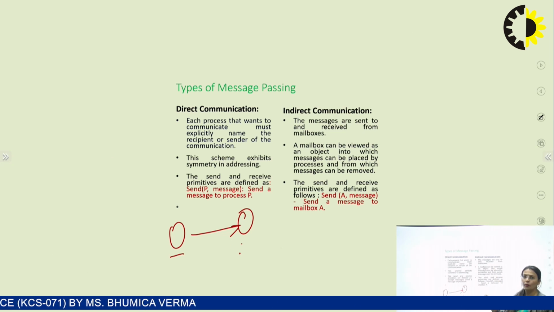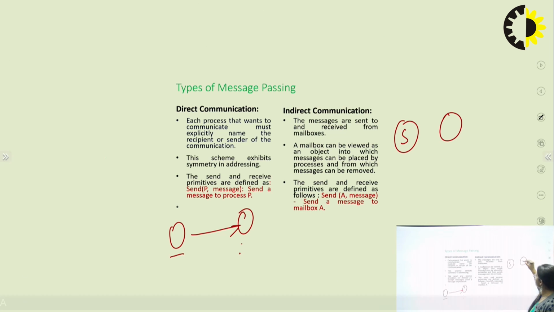Indirect communication is communication in which there is a sender and a receiver, but the communication is not done directly; there is an intermediate person, system, or agent in between, a facilitator.